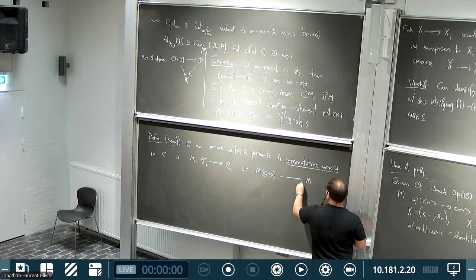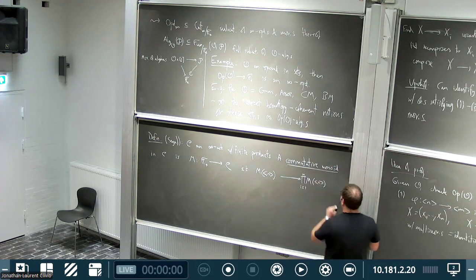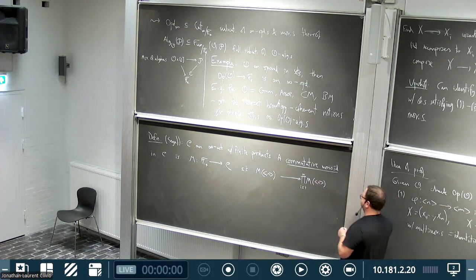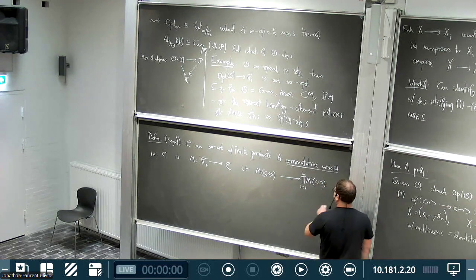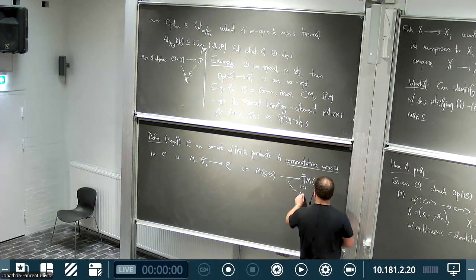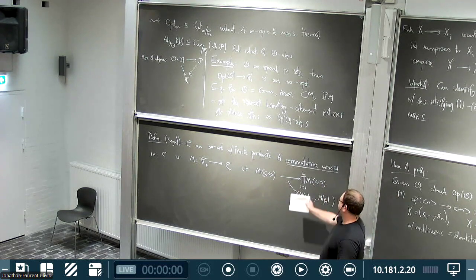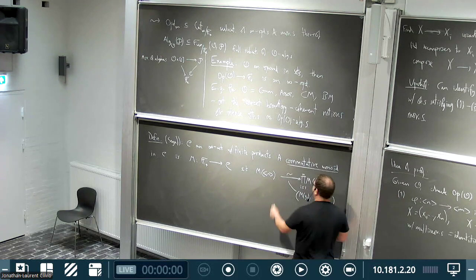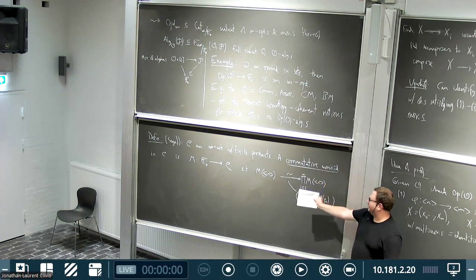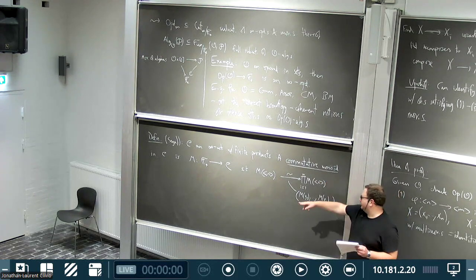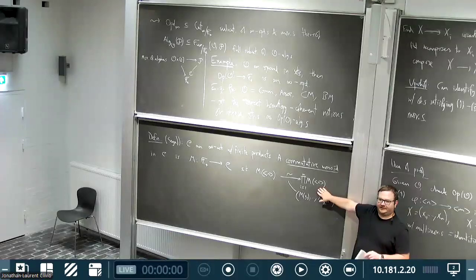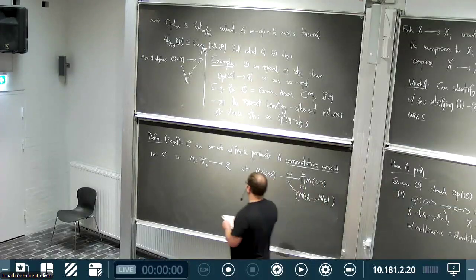For another map is rho i from n to 1. It gives a map to the product of n copies of M of 1. And my condition is that those maps have to be equivalences. So the value of my functor at n should decompose as a product of n copies of M of 1.